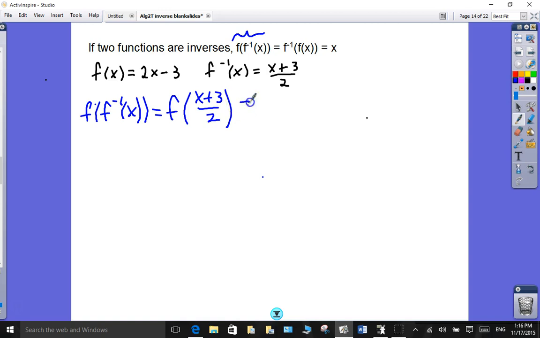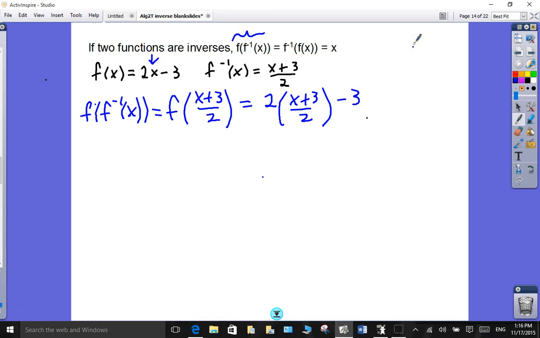And then evaluate. How do you find f of (x plus 3) over 2? Well, here's the f function. You put (x plus 3) over 2 in the place of x there. Right? So that'll look like 2 times (x plus 3) over 2 minus 3.